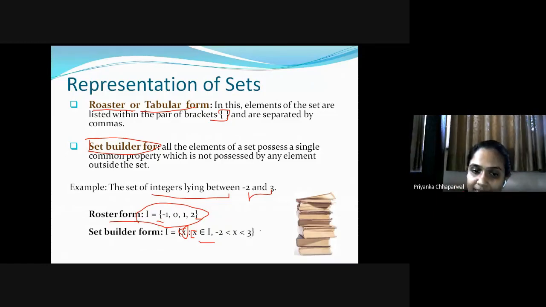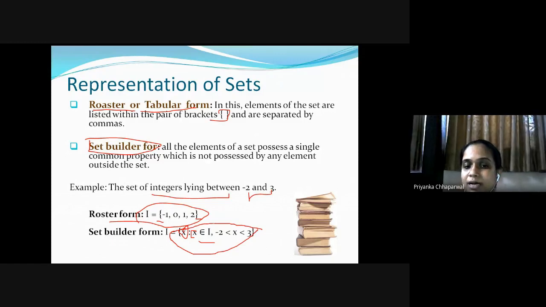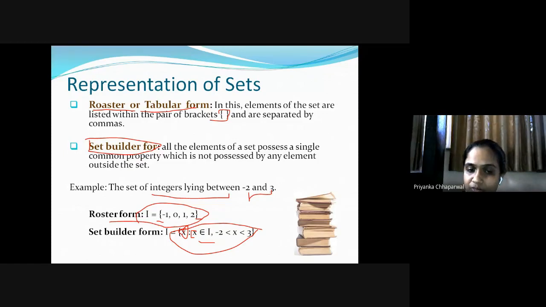If I define the set in this form, then it is known as the set builder form. Yes students, is it clear what the roster form and the set builder form are? If you have any doubt, yes.